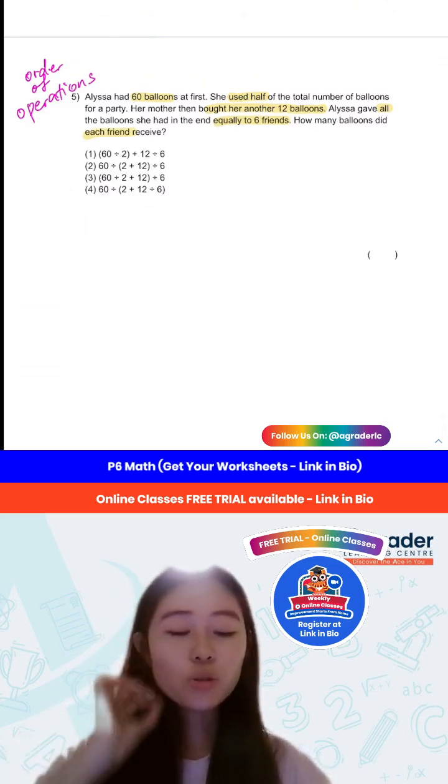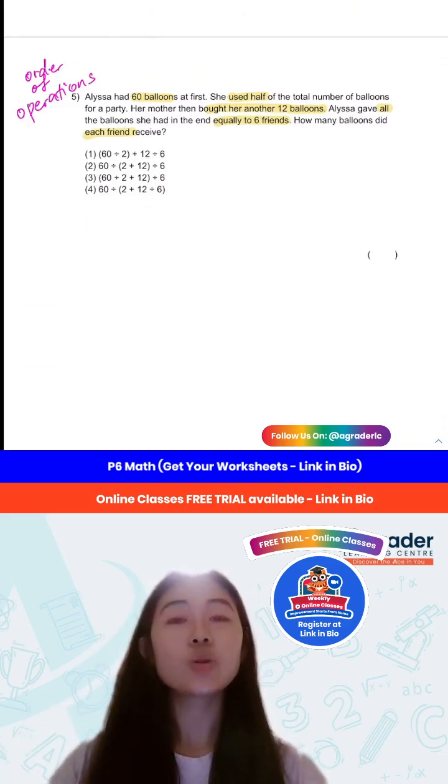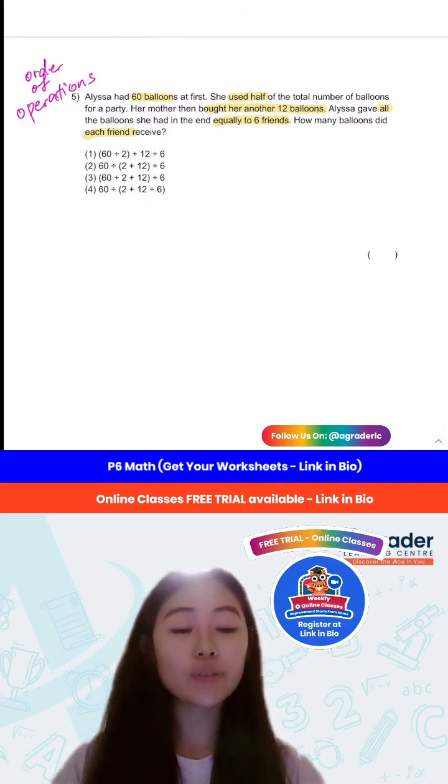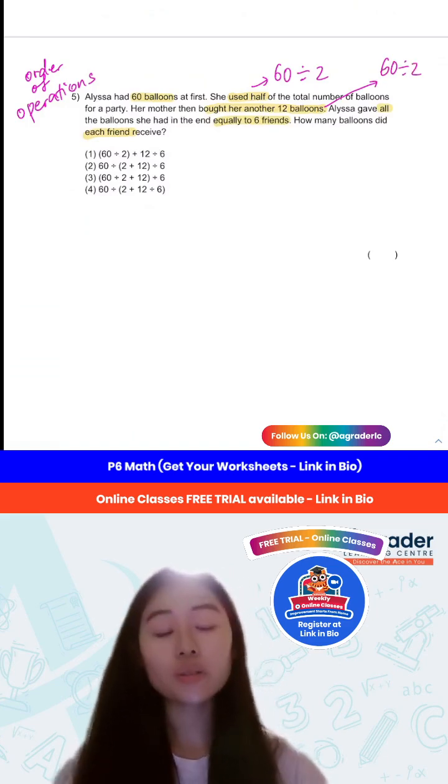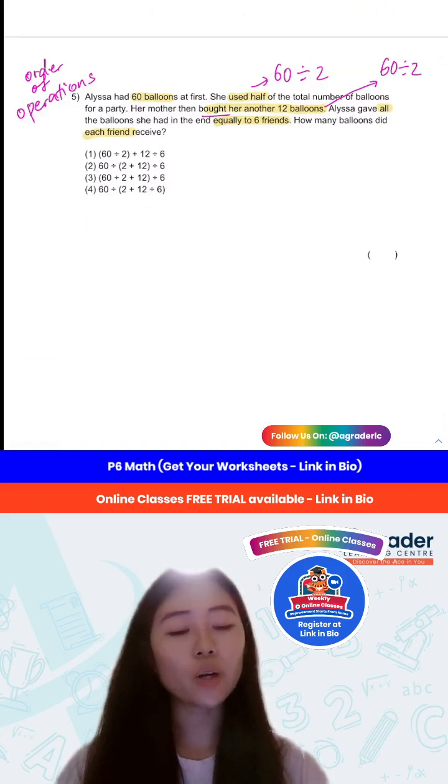Okay, so let's go through this. At first she has 60 balloons, and then if she used half of it, that means that you are going to divide by 2, right? After that, her mother bought her another 12 balloons. The keyword bought some more means that you are going to plus 12.